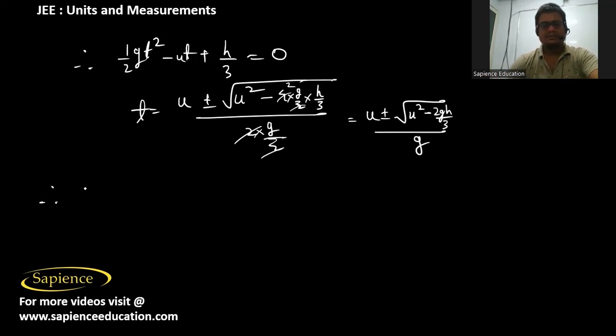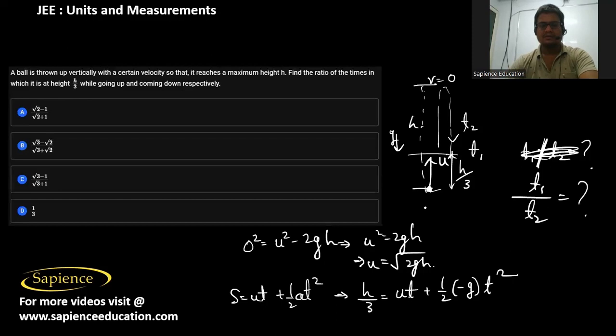So the times t1 and t2, that we have to find. If we take the minus sign, then we will get t1, since t1 is less than t2. While going up it should be at a lesser time, and while coming down at a greater time.